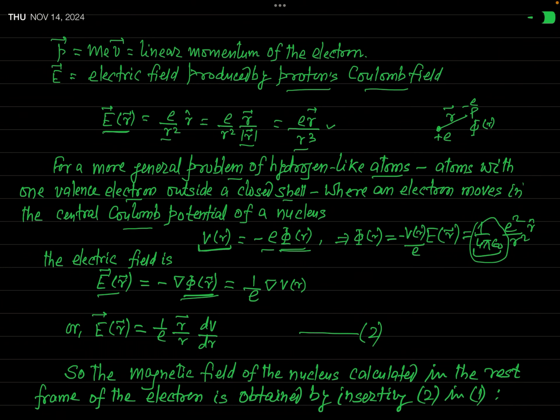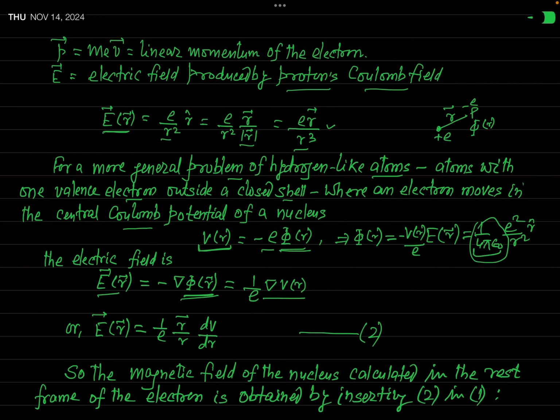So instead of phi of R, you can write minus V of R by e. So this minus times minus will become plus, and your result is E of R equal to 1 over e gradient of V of R.